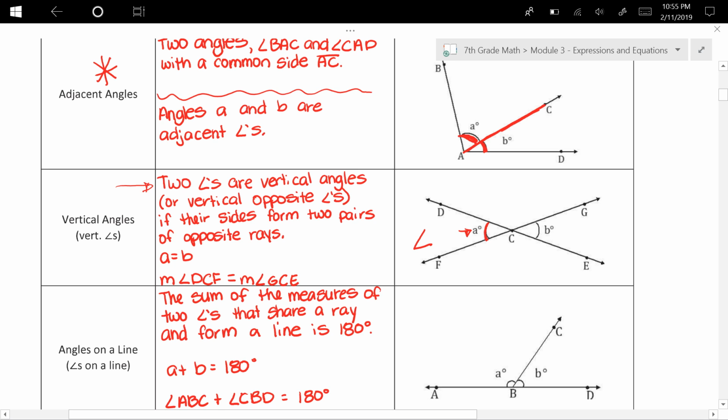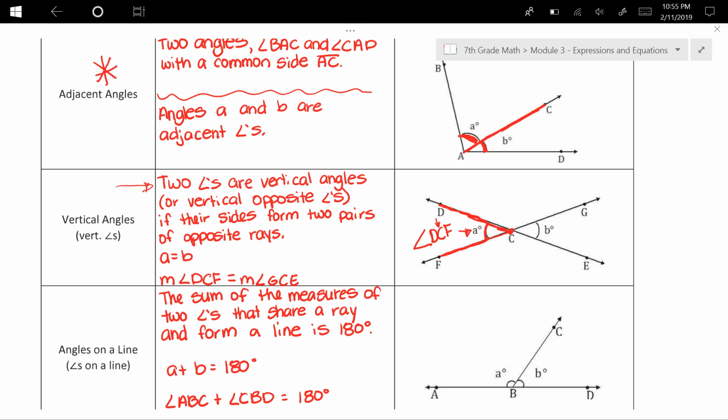And the angle is angle DCF. We always have the vertex of the angle, which here is C. That is always there in the middle. We always start with D, C, and then F. We could also call it FCD as well.